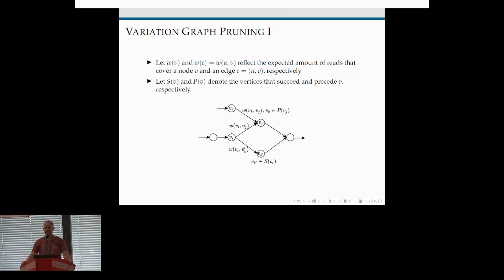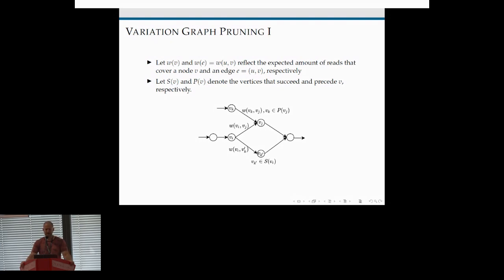So this is the graph arising from the raw reads. Here we have W(V) being the expected amount of reads that cover a node. And we have W(E), for an edge (U,V), reflecting the expected amount of reads that cover the edge, so covering both U and V, in that order.